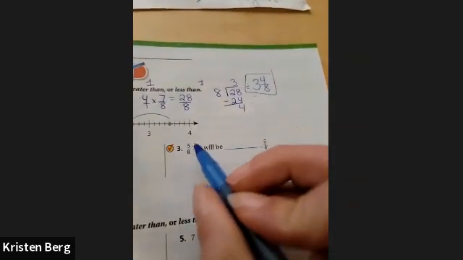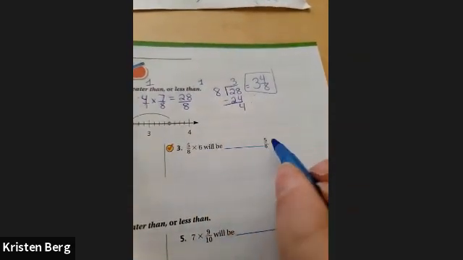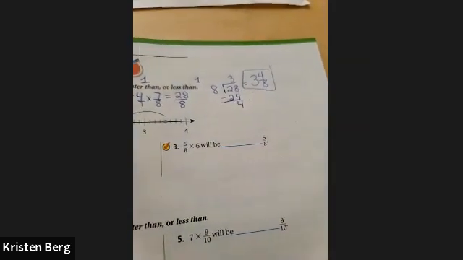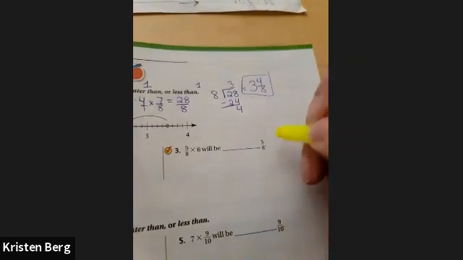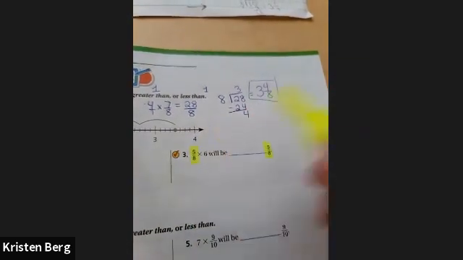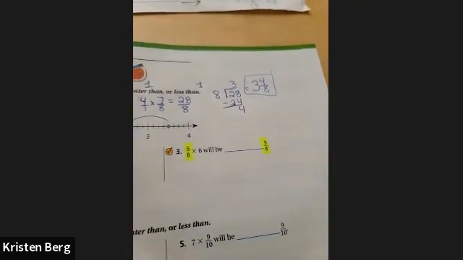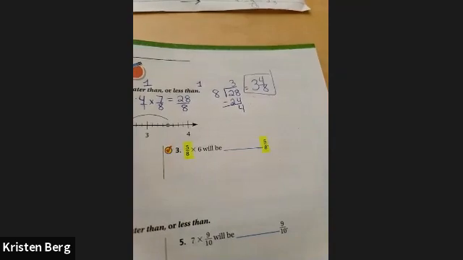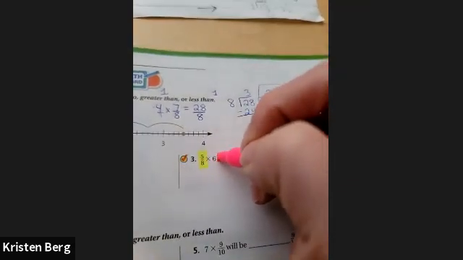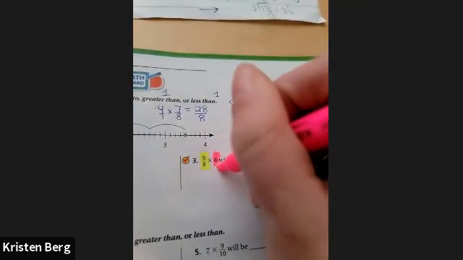All right, this one says 5/8 times 6 will be blank to 5/8. Well, this is where you are looking again at the number. They're wanting to know about 5/8. Now, in order to find out if it's going to be greater than, equal to, or less than 5/8, I have to look at the next number. My next number is a 6.